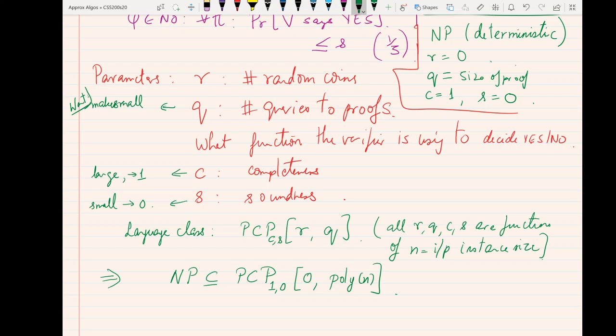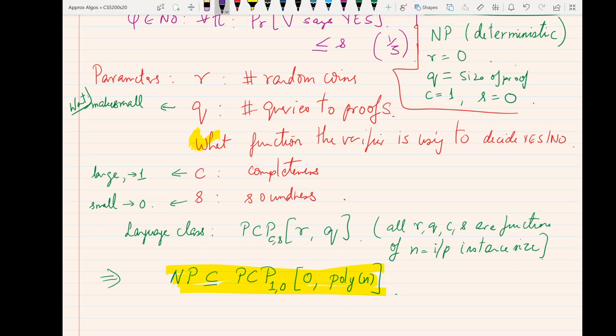That is, it checks the entire polynomial size proof. Now at this point, I have not told you anything about what function the verifier is using to decide yes or no. All that we want as of now is that it runs in polynomial time, but we'll see that this can be quite important in proving hardness of approximation results.